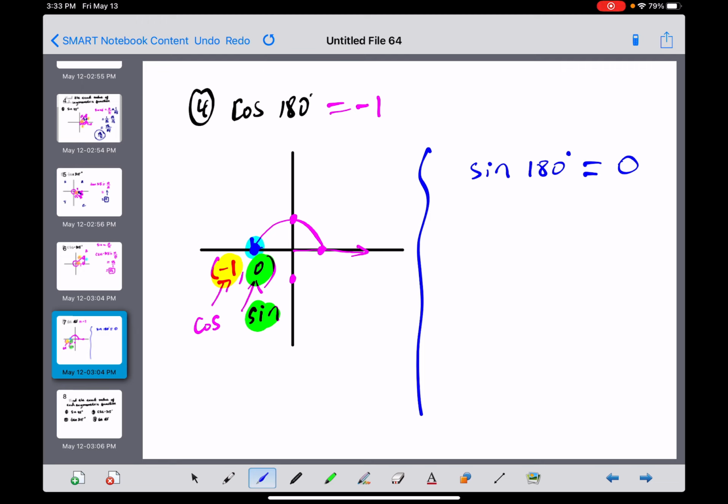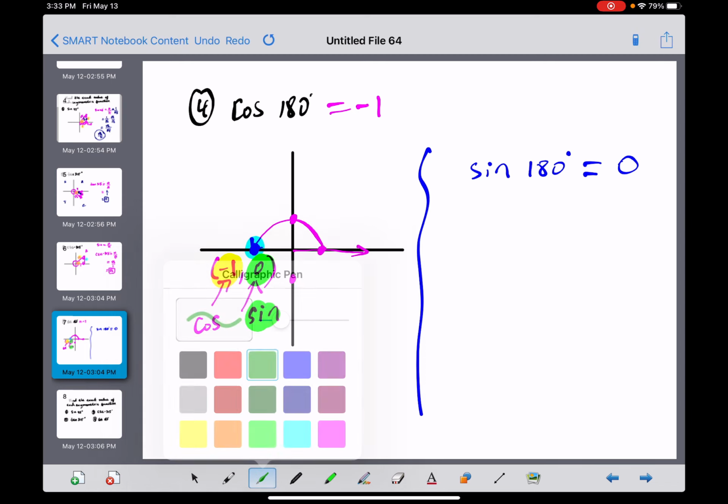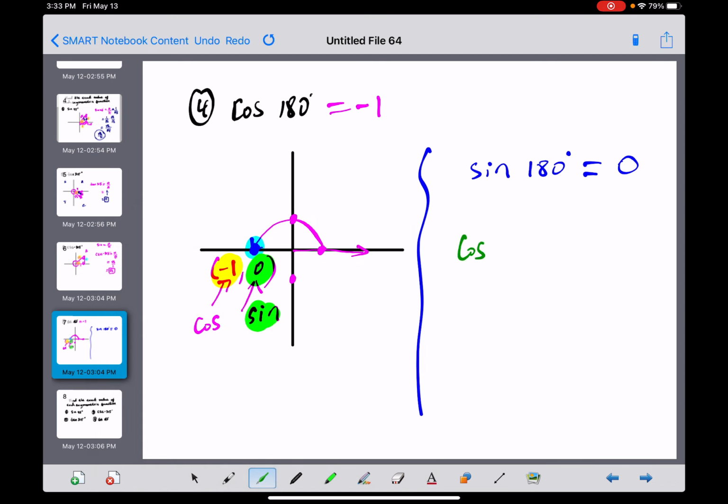Okay. I'll give you another example, to make it less confusing, more practice. Let's just say you have cosine of 270 degrees. Cosine of 270 degrees is from here all the way down here, right? And that is 0, -1. So this is cosine, and that is sine.